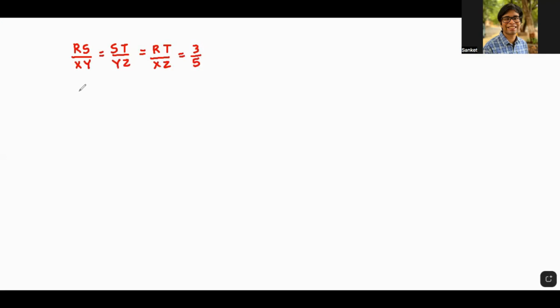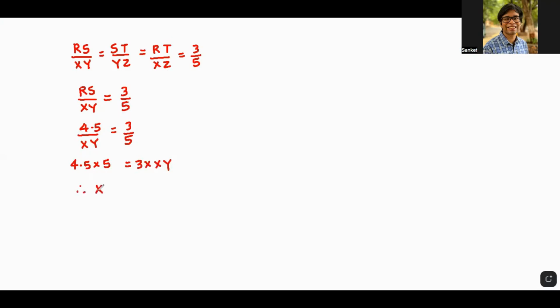But I know that RS is 4.5, so I can use that to find XY. So RS upon XY is 3 upon 5. I'm just considering this ratio first. So I know 4.5 upon XY is equal to 3 upon 5. I'm going to cross multiply. 4.5 multiplied by 5 is equal to 3 multiplied by XY.